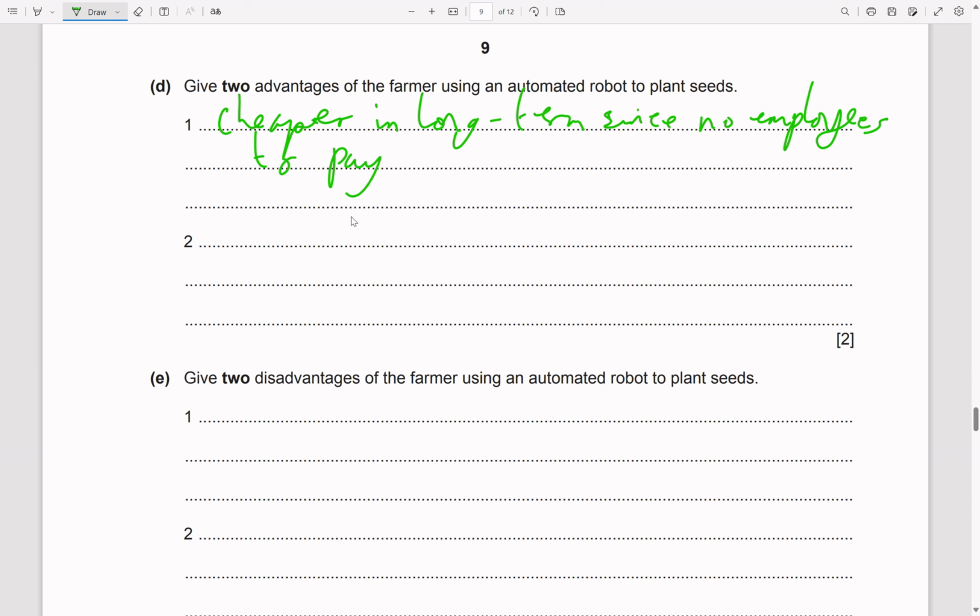Another one we can say is they can work 24/7, 365 days a year. Maybe we can call that availability. So it can work 24/7, 365 days a year.